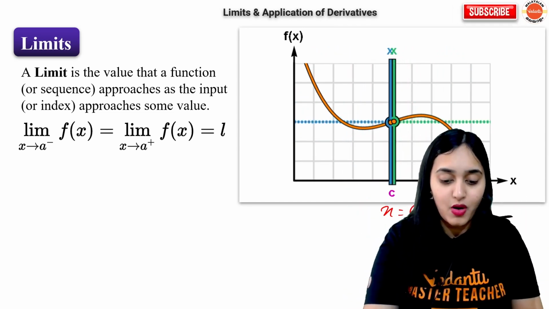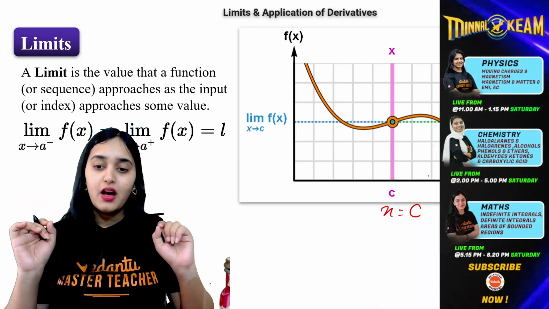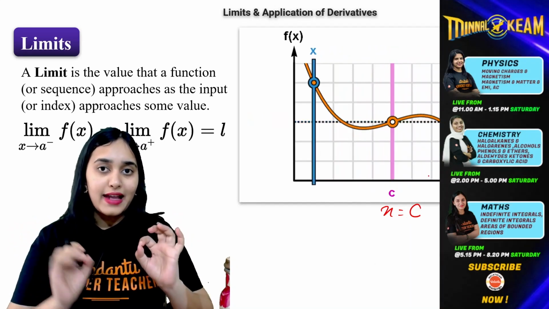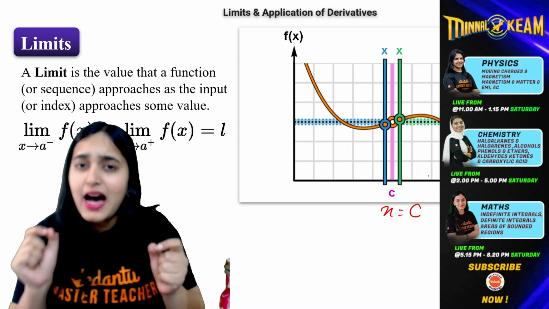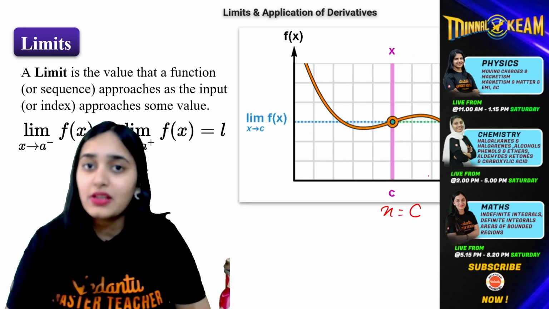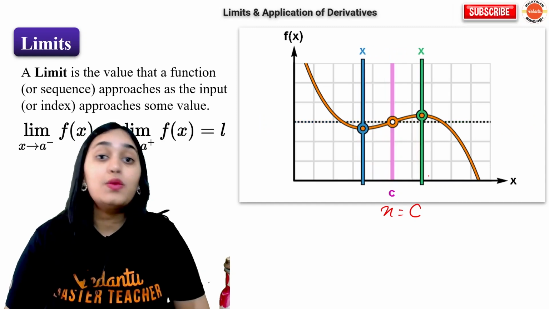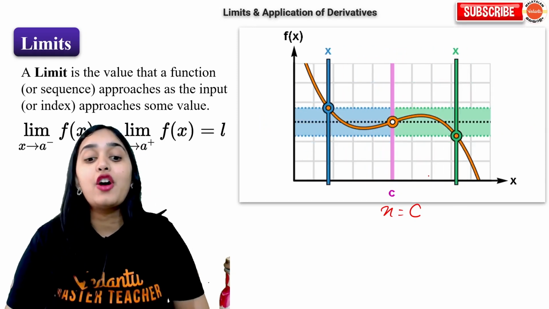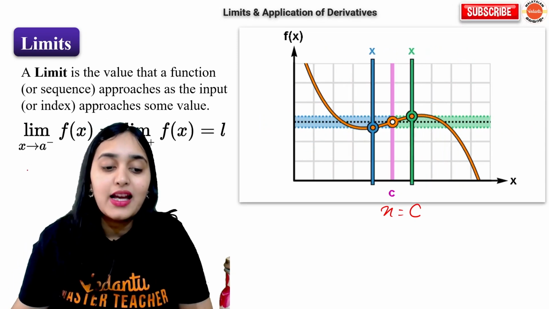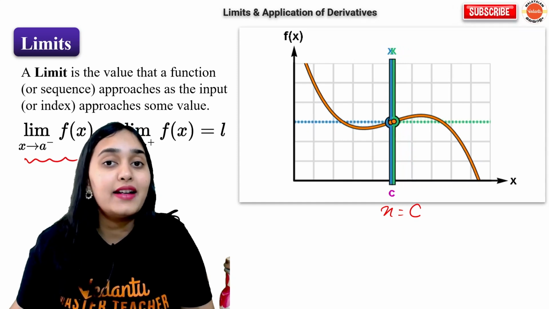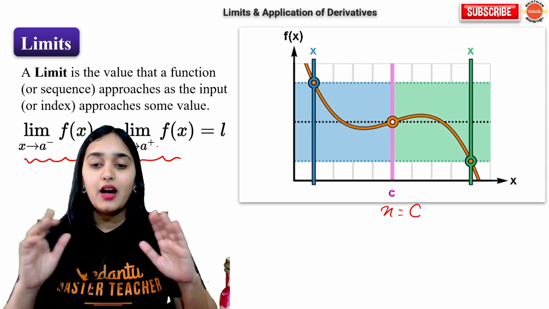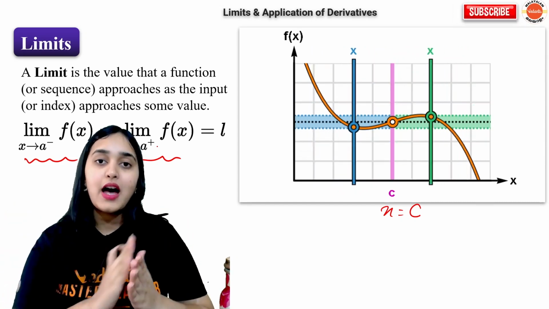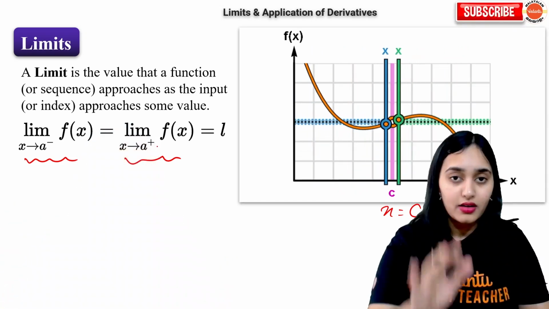Now, at this point, what we see is that for a value just greater than c and just smaller than c, are we still getting the same values? Why do we check that? We use limits to check continuity of a function. So basically, we call it a left hand limit and a right hand limit to determine whether our graph is continuous or not.